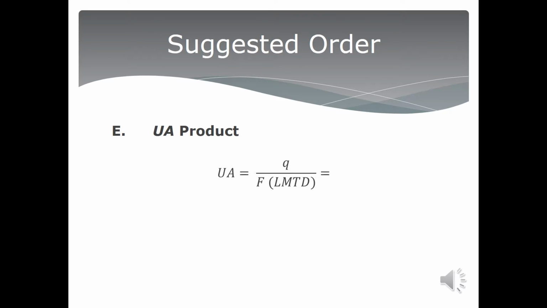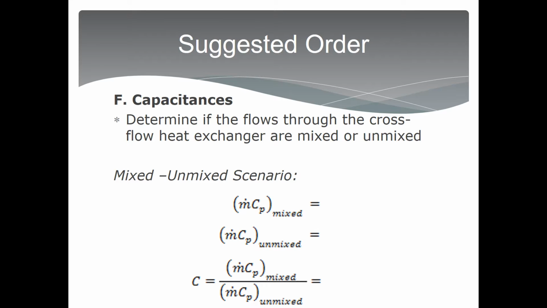Part E is to find the UA product. That is equal to Q over F times the log mean temperature difference. Next, in the suggested order for analysis, the capacitance of the heat exchanger is calculated. The flow through the heat exchanger must be determined to be mixed unmixed or unmixed unmixed.